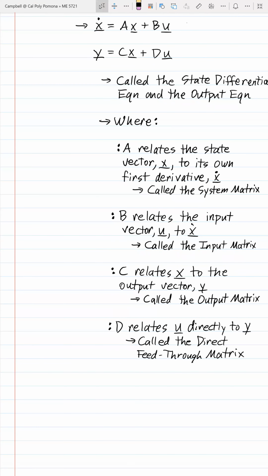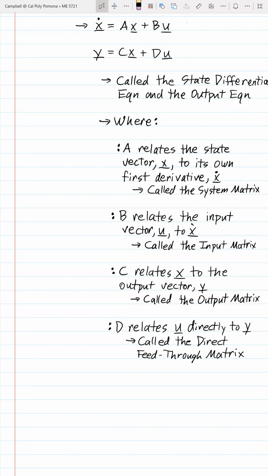And that's because, if you remember back to the Laplace transform, the transformed time domain function was represented in capital form, and the time domain function was in lowercase form. So what does that mean?